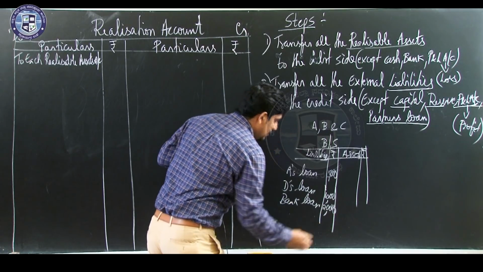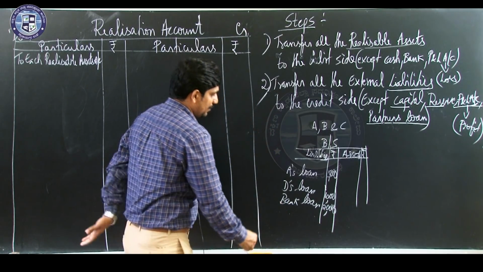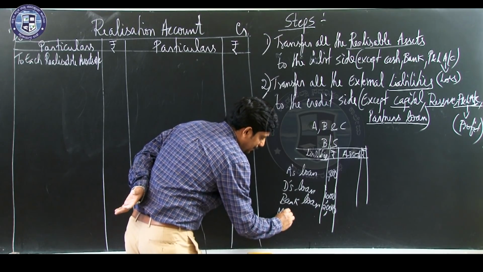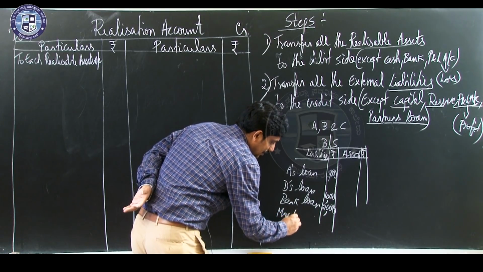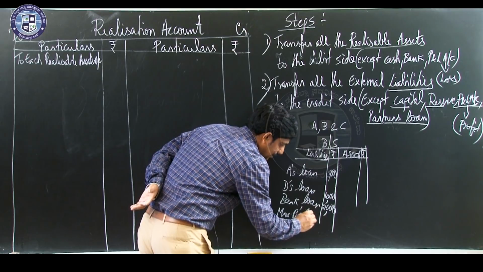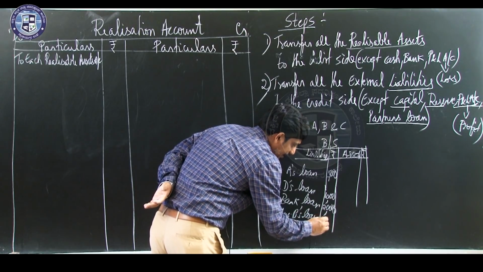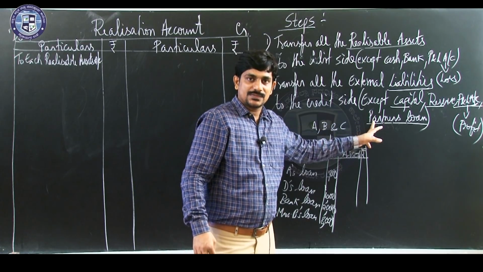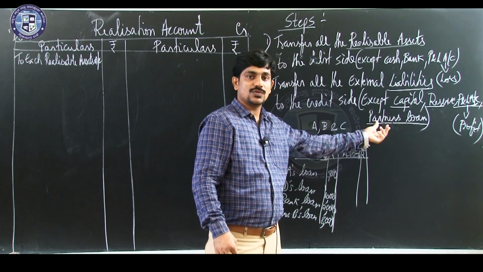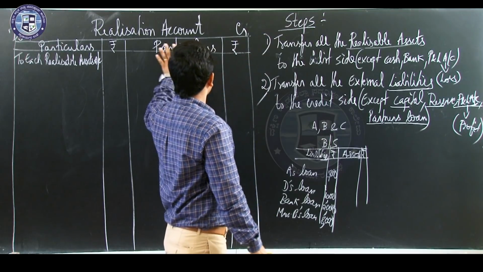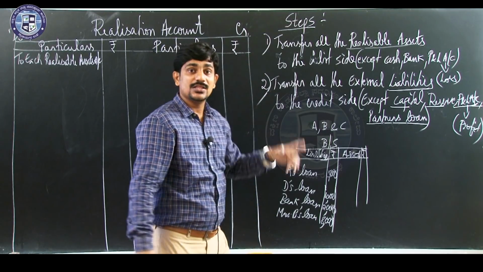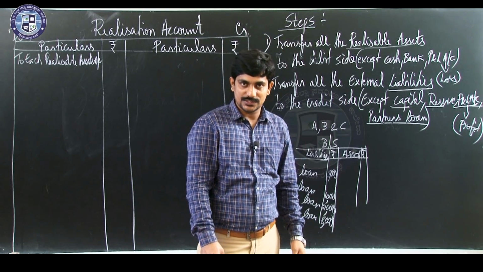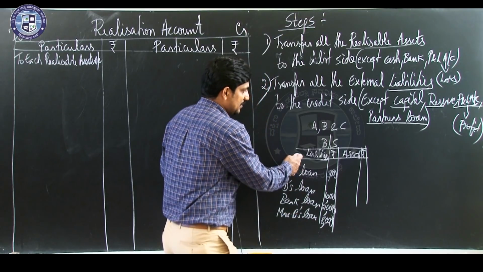This is an example. And for example, Mrs. B's loan is given 8,000. Now, when I am explaining, I told only partners loan you are not supposed to record under realization account. Other loans you need to transfer. Now, in this example, who are the partners?